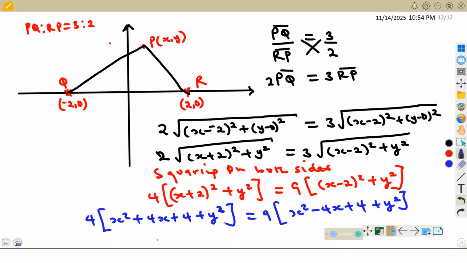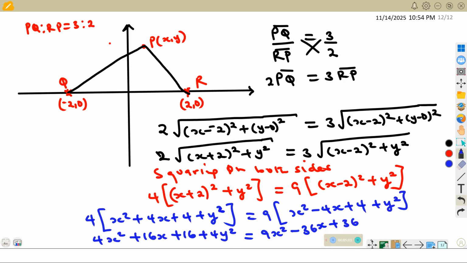So we shall try to simplify this expression. We shall have 4x squared plus 16x plus 16 plus 4y squared, which is equal to 9x squared minus 36x plus 36, and this will be plus 9y squared.